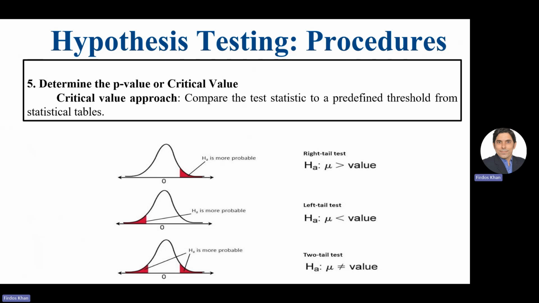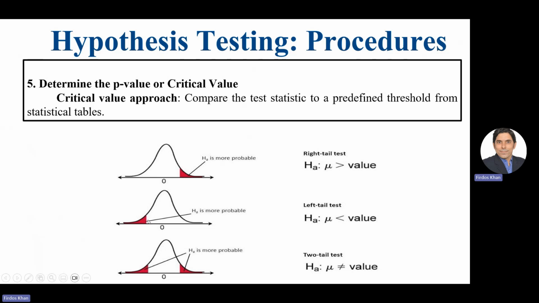Suppose n is equal to 20, so n minus 1 is 19, so this will be t 19 and 0.05. You see this from the t table, which I will explain in the next videos. You can find this value from the t table, and the values greater than this point are the rejection region for this hypothesis.